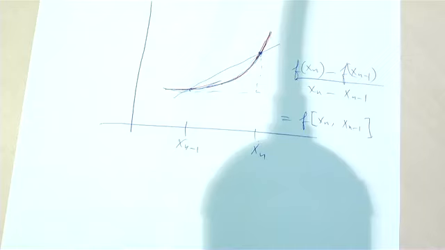And we can prove that En plus 1 over En times En minus 1, the error at step n plus 1 over the product of En and En minus 1, will go to a fixed constant. So that is the theorem.